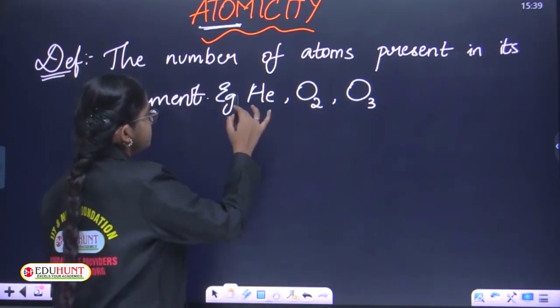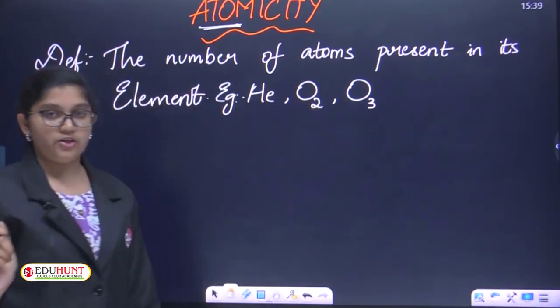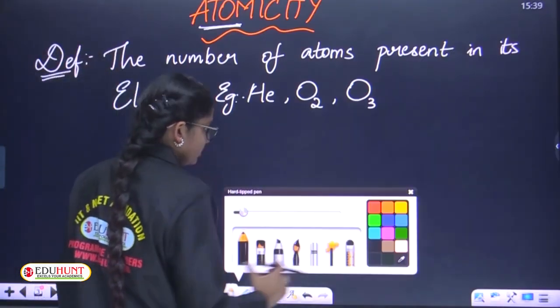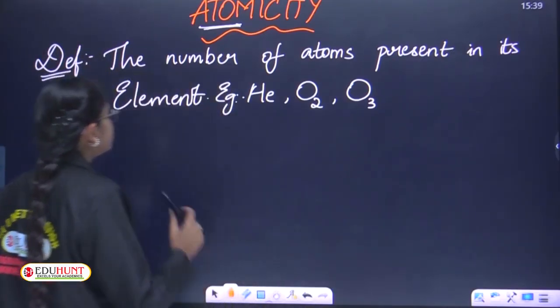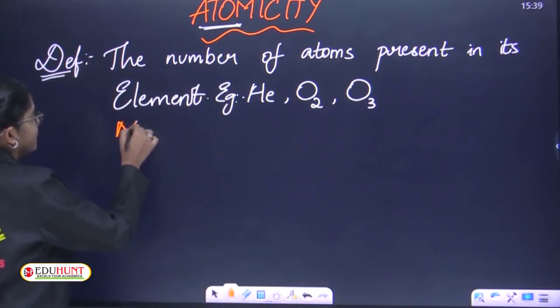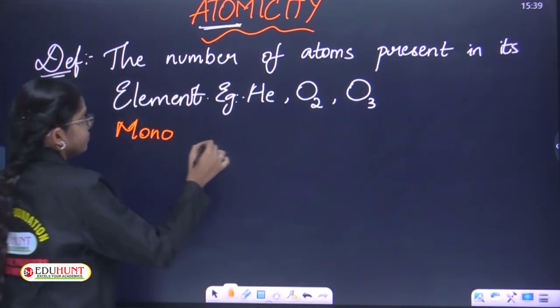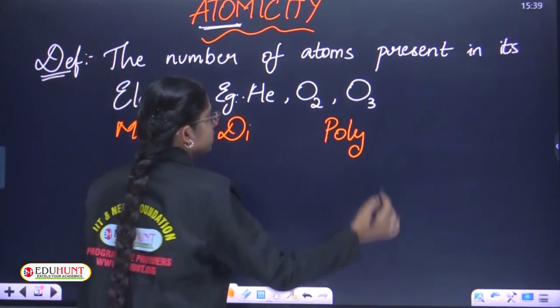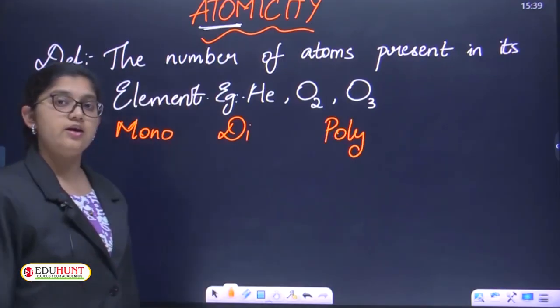Okay. And in atomicity classification, we have a small classification. Let me do it for you, children. They are divided into mono, di, and poly. What is this mono, di, and poly?